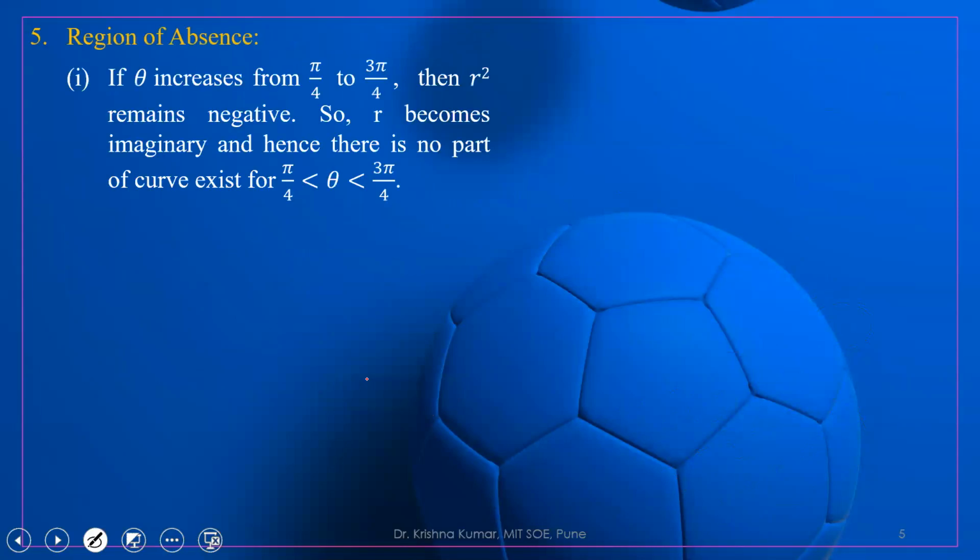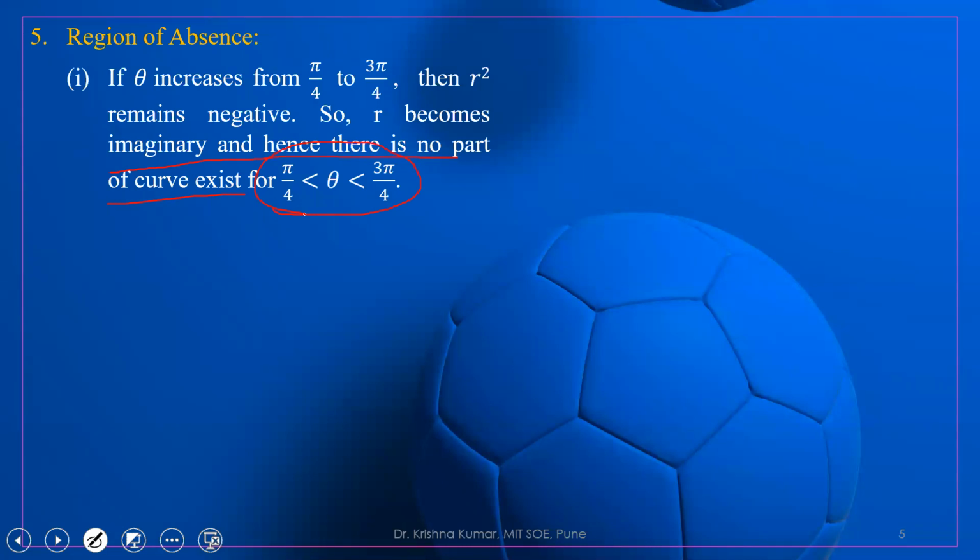Reason of absence. So just look here. If theta increases from pi by 4 to 3 pi by 4, then r square remains negative. So r becomes imaginary, and hence there is no part of the curve which exists from theta equal to pi by 4 to theta equal to 3 pi by 4.